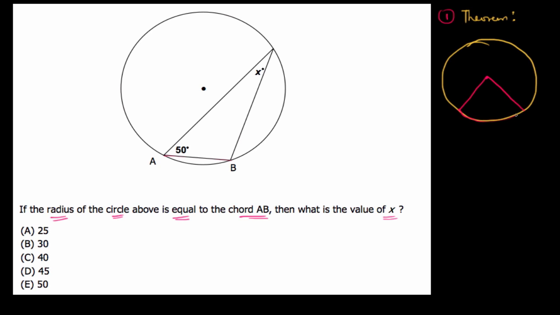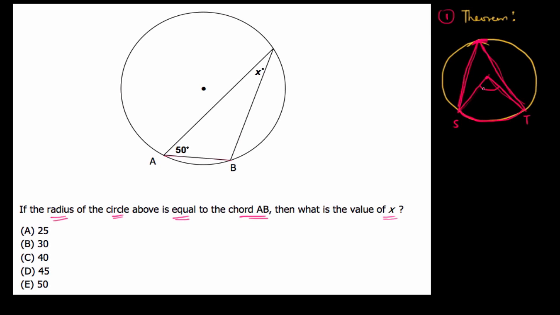Let's call this arc ST. This is the angle which arc ST subtends at the center of the circle. The theorem says that the arc also subtends another angle on the circumference of the circle.